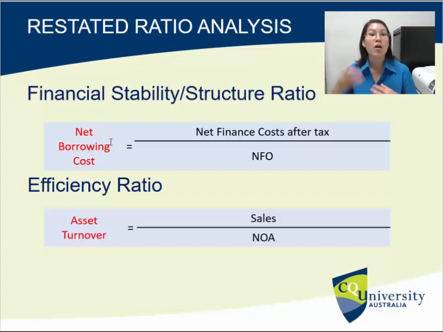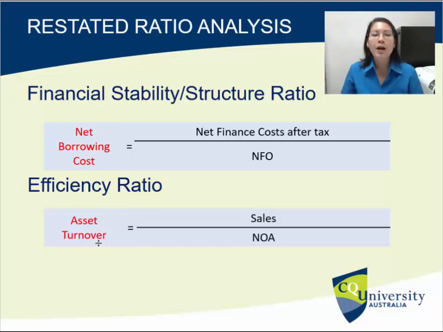They're not paying as high. Or you might find that their net borrowing cost is a lot higher than the interest on their loan. So the 7% interest is not a true indication of all of the costs of that borrowing or of that debt. So again, this can be quite interesting, but that's what it calculates.